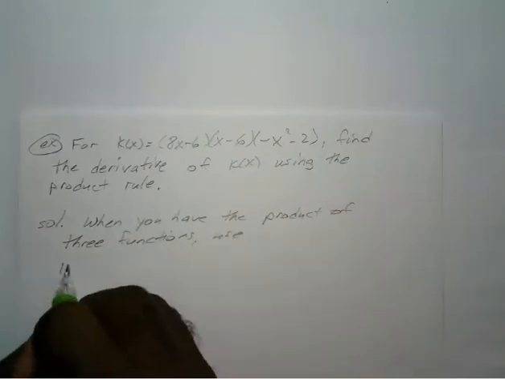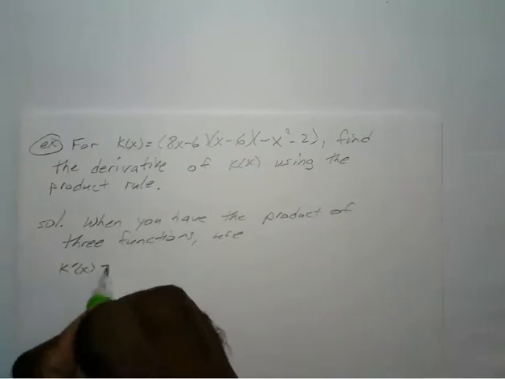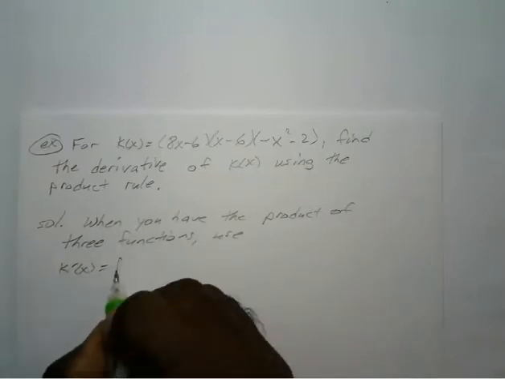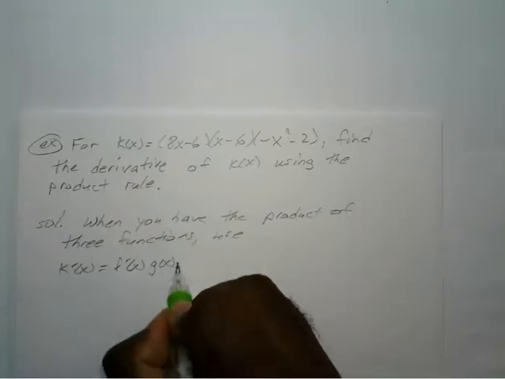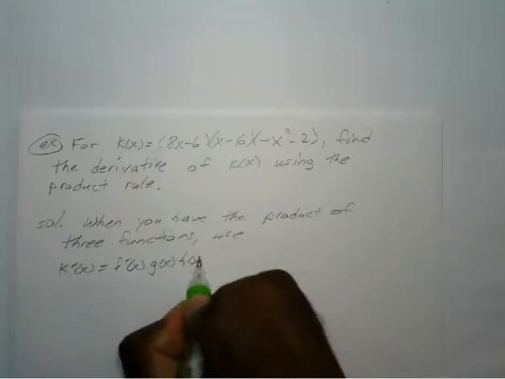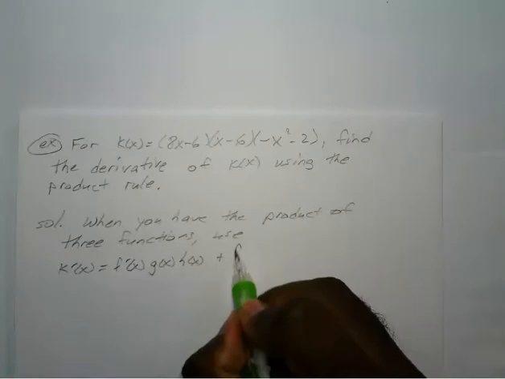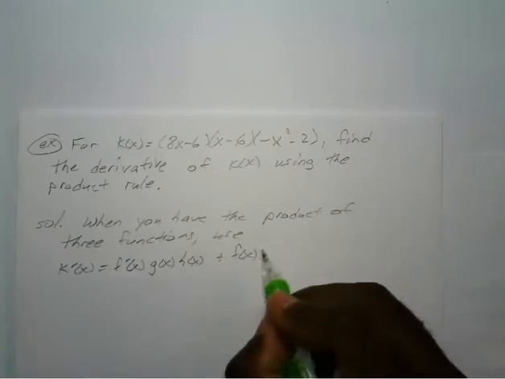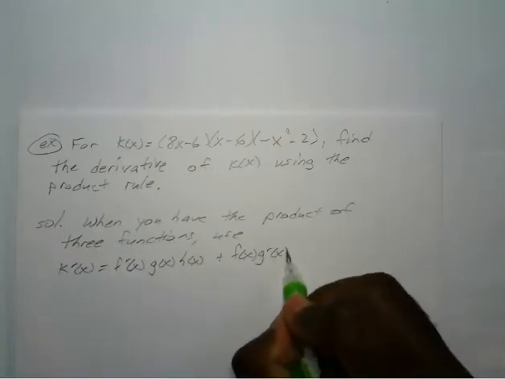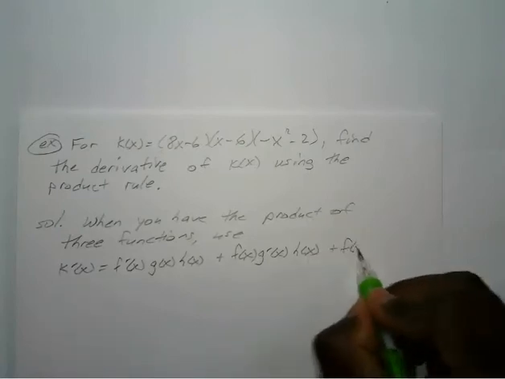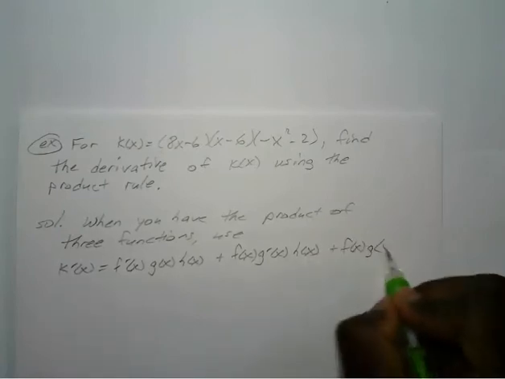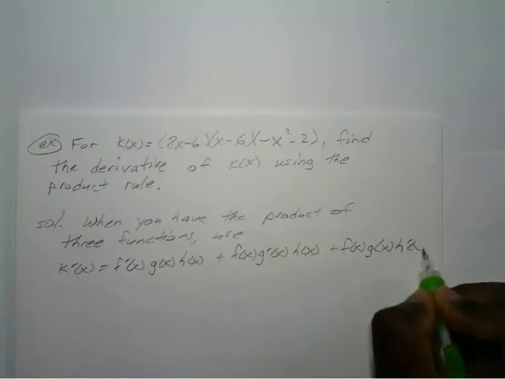use k prime of x is equal to f prime of x times g of x times h of x plus f of x times g prime of x times h of x plus f of x times g of x times h prime of x.